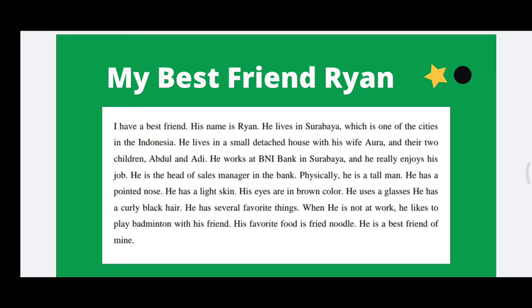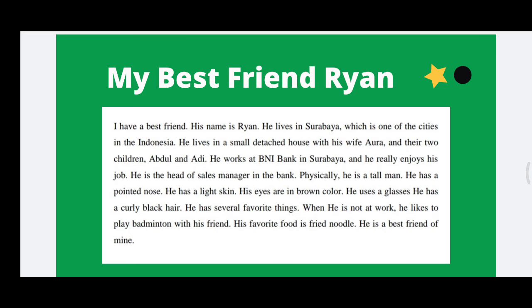And it becomes more specific and particular, in a small detached house. And Ryan has a wife, and her name is Aura, and also two children, Abdul and Adi. So it goes more particular, more specific after we introduce and identify the text.